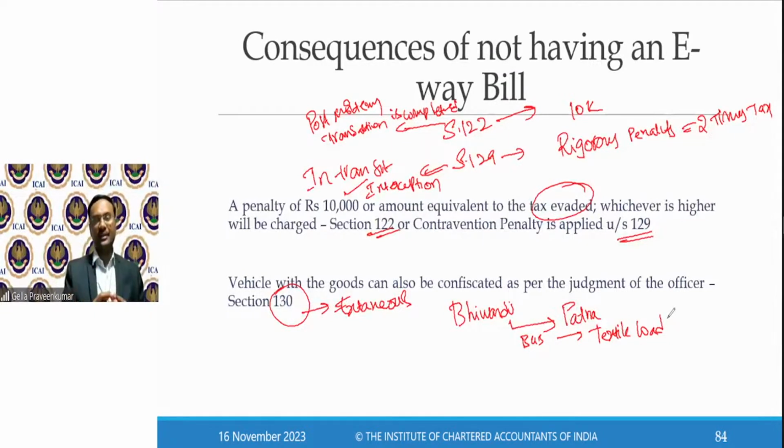violation of GST provisions, like in customs law, where we have something called smuggling. Smuggling is the technical name where I cause inward entry of goods without payment of customs duty. Similarly, under GST law, if the movement of goods happens without payment of tax, this is called contravention under GST law.